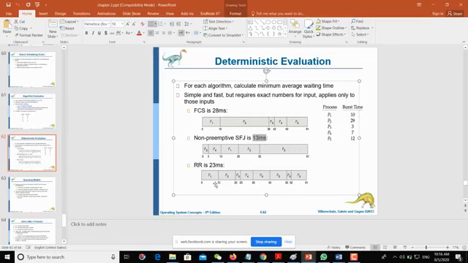So P1 again 10, then P2 29. You see, P2 from 10 to 20 got executed, but after that it was preempted, and P2 came again here, and then came again, because P2 is the largest job and needs 3 processor rounds to complete its execution. That is why in round robin we normally preempt a job. Preempt means we take a job from the processor and allot another job to the processor.